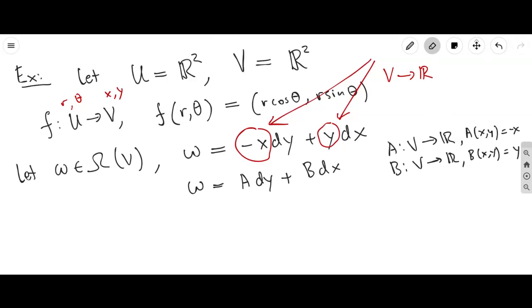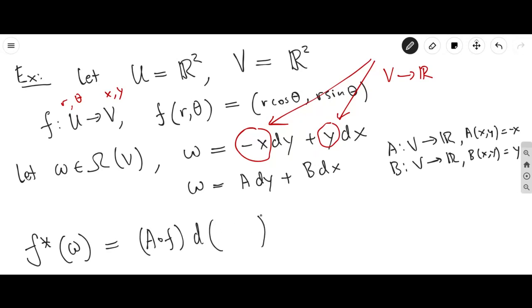Now, here's the way we calculate the pullback. So the pullback, f star of omega, the way you do it is you compose. This a over here, you're going to compose it with f. So this is going to be a composed with f. Then you're going to have d, and as in the definition, the y is referring to the second component of your mapping.